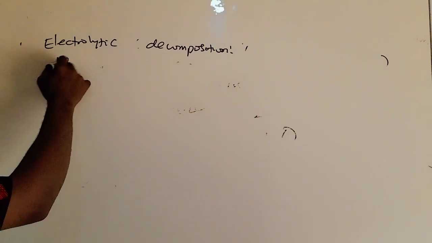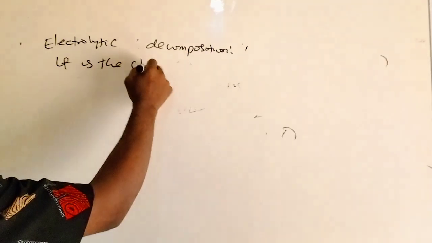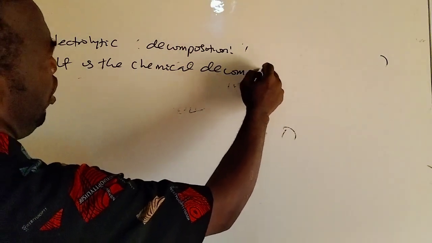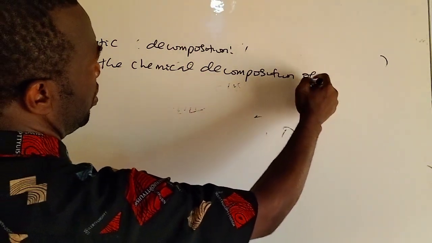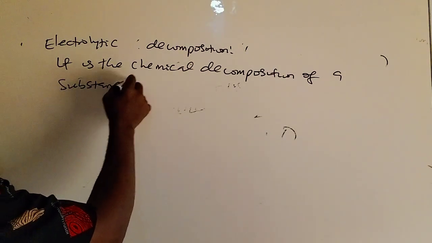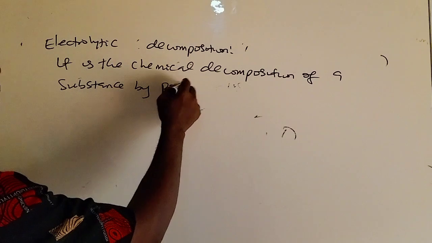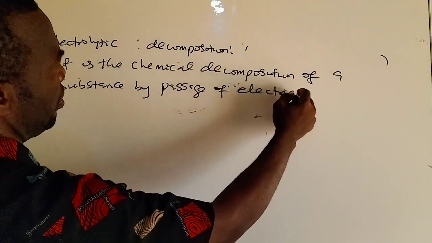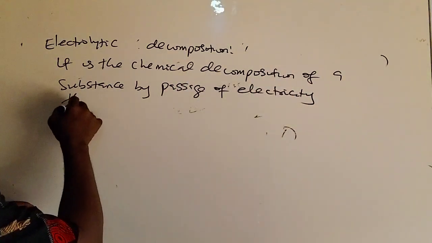It is the chemical decomposition of a substance by passage of electric current or electricity through it.